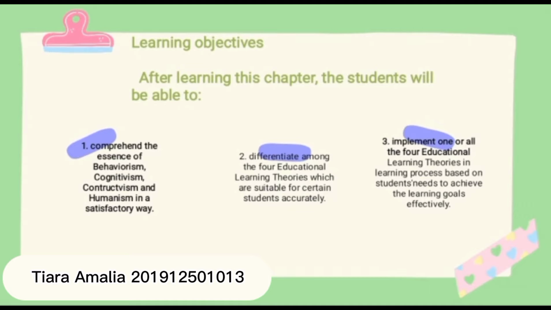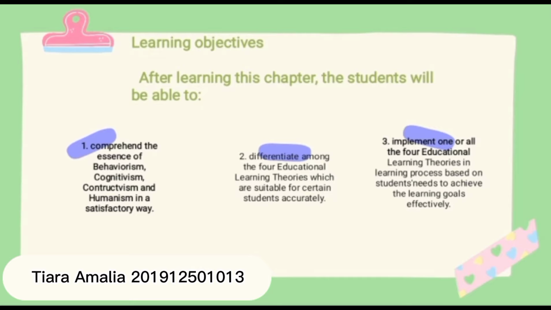Before we begin on the material, we must know the learning objectives from these educational learning theories. After learning this chapter, the student will be able to, first, comprehend the essence of behaviorism, cognitivism, constructivism, and humanism in a satisfactory way.